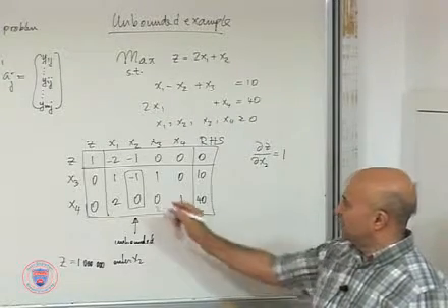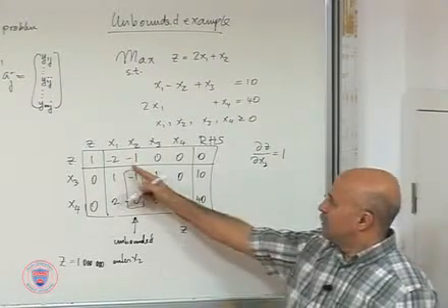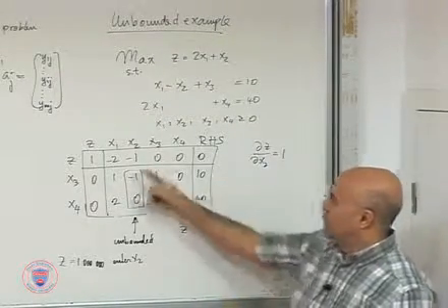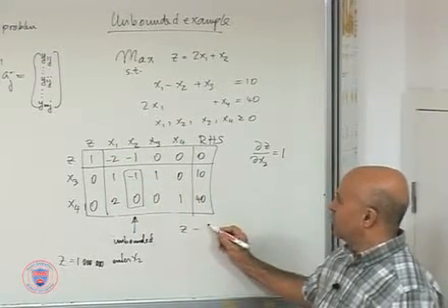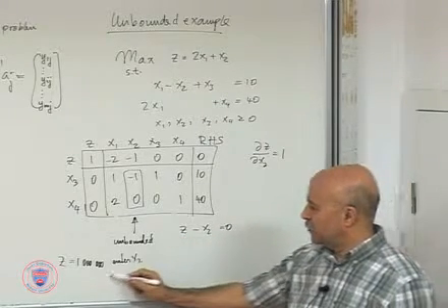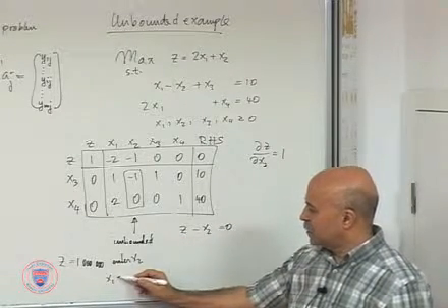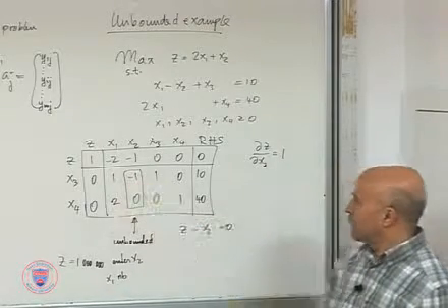And the objective function tells me that z is, well, x1 is still kept 0, okay? z minus x2 is equal to 0 when x1 is 0. x1 is still non-basic, okay?